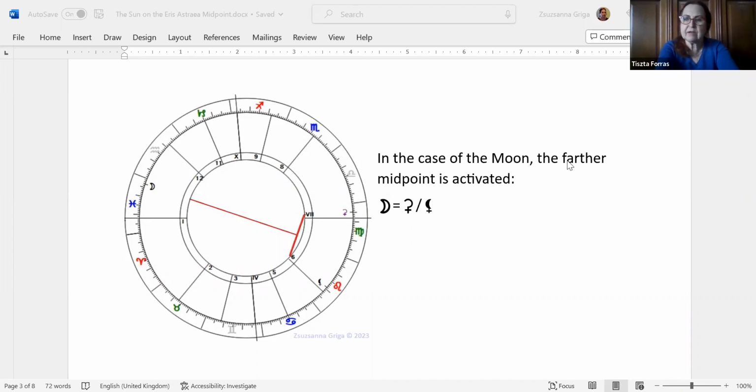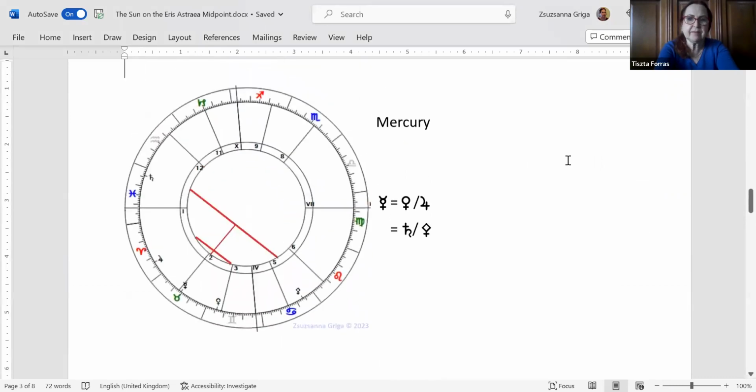And let's take a look at Mercury. Mercury has two powerful midpoints here. One is that it's at the midpoint of Venus and Jupiter. So big luck and little luck, the two lucky planets. But you can also delineate this type of midpoint as Mercury, understanding and communication, joining money and harmony with big things or expensive things.